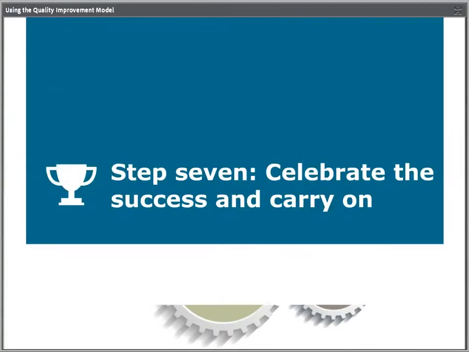And then step 7, the final step. Not really final, we're carrying on, but it's really important to celebrate the success. So think about how you want to keep the attention on what's already been done. And I don't know how you do it in every division, but I'm kind of talking about things like having weekly team meetings, looking back at the results of what you've been doing, looking at those run charts to see how you're progressing and how you're moving closer to those aims.